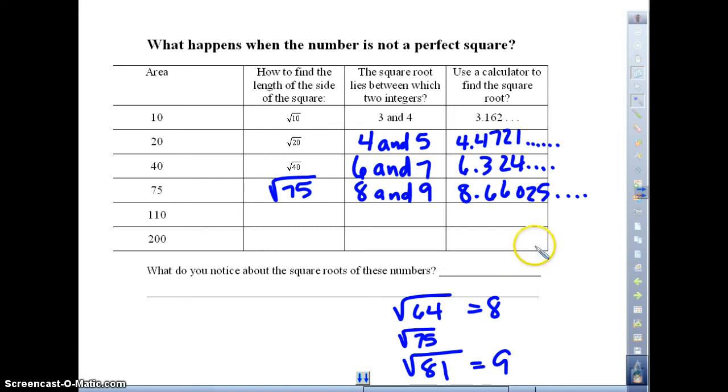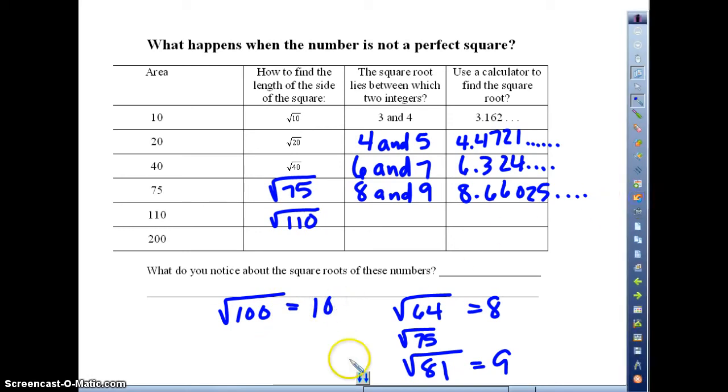Okay? Here, if I've got an area of 110 and I want to know the side length, I'm taking the square root of that. The square root of 110 falls between the square root of 100, which is 10. What's the next whole number up? Yep, that's the square root of 121. So the square root of 110 falls between what two numbers? 10 and 11.